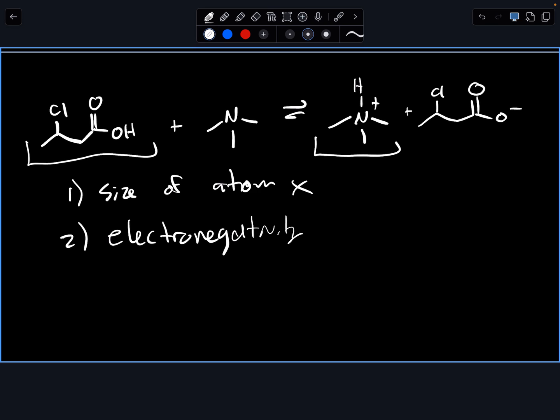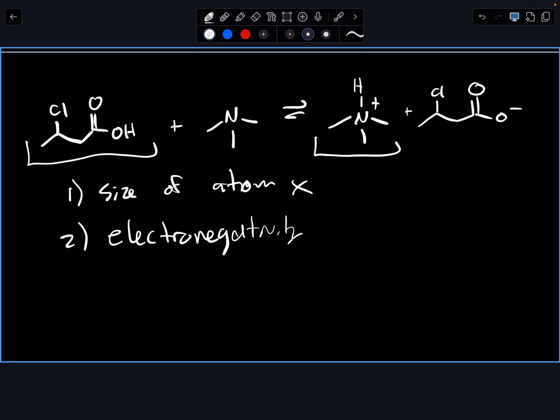That means it's going to be easier to make an O- than an N-. Actually, it's going to N neutral in this case. But still, oxygen here makes the acid on the left a stronger acid because it is more electronegative.